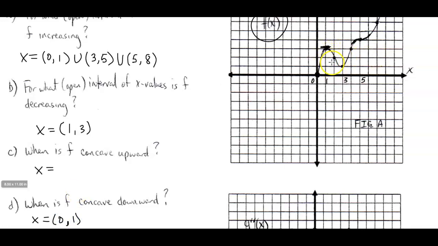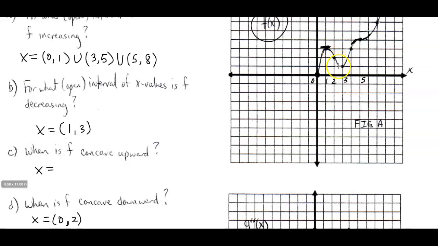If we keep on going, it's still concave down up until it gets to 2. So we actually need to change this and say that it's going to be concave down all the way from x equals 0 to x equals 2. Now at x equals 2, we see that the shape of the graph starts to switch, and it looks like it's going to be concave up.